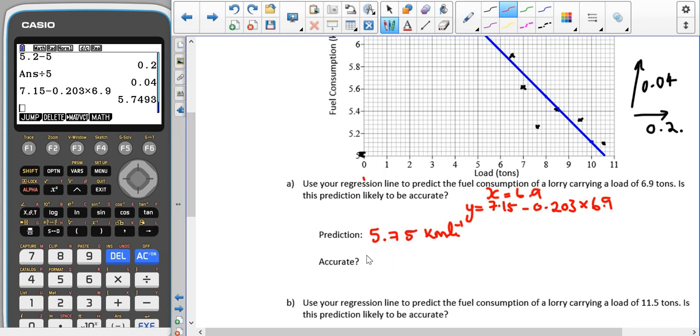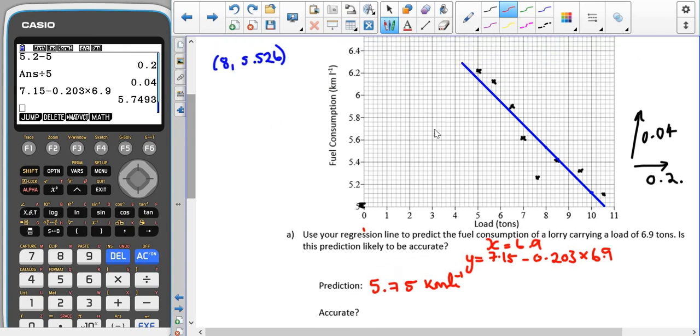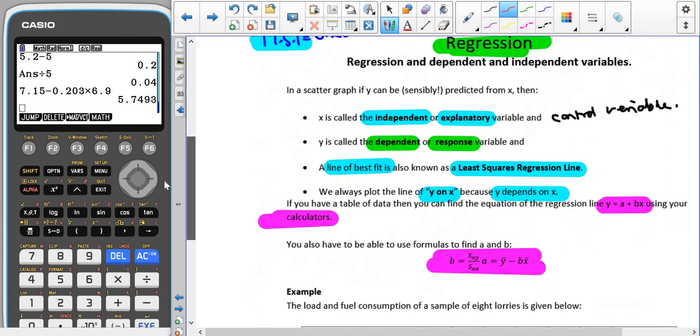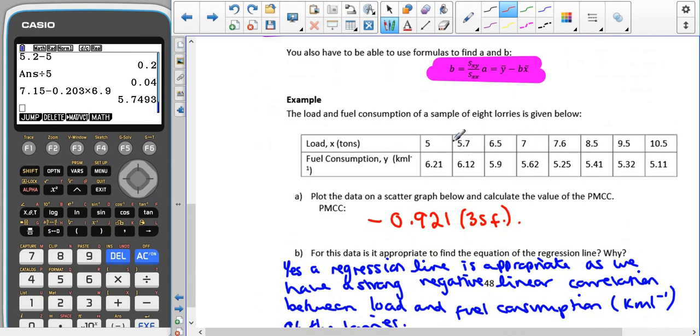Now the question of if this is accurate or not is leading us back to having a look either at the data or at the scatter diagram. If we had a look up from 6.9 on our graph, we would intersect where we've drawn the line. And if we have a look at the data that we have here, we can see that we have some x values either side of 6.9. We've got 6.5 and we've got 7.